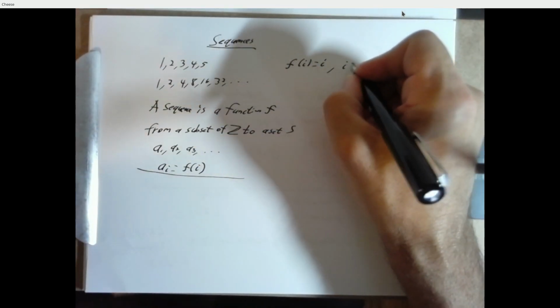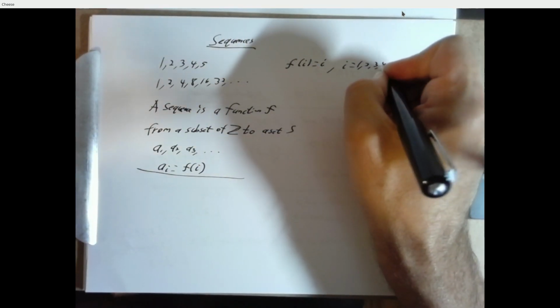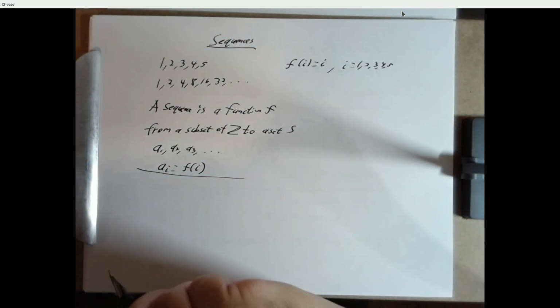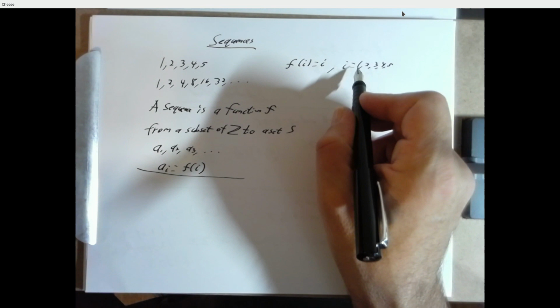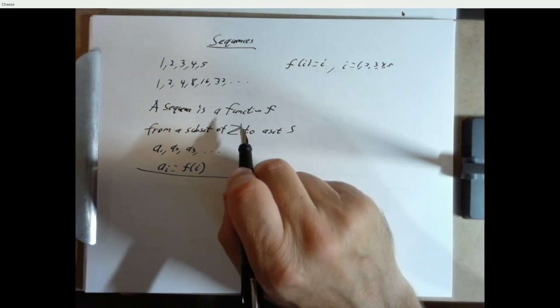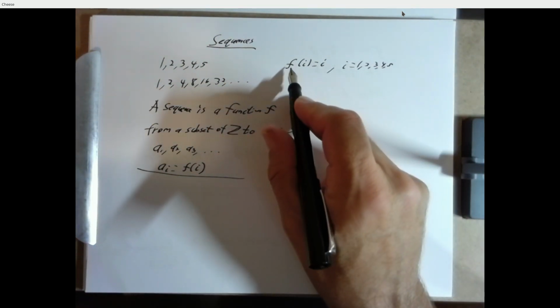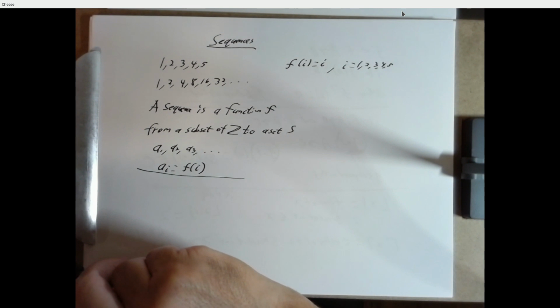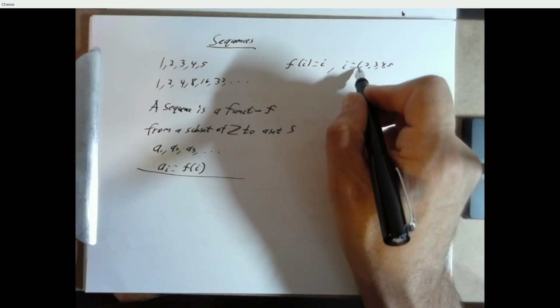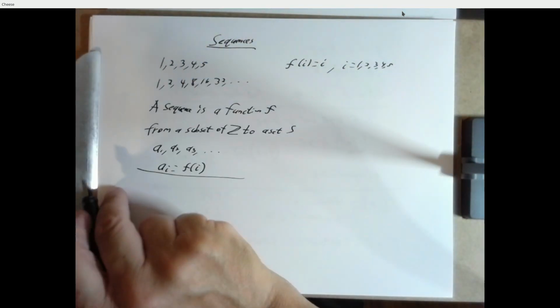And we can specify i equals 1, 2, 3, 4, or 5. So this subset of Z, the set containing just these 5 integers, is the domain of f, and f maps from there into the set S, which for us is just the set of integers. And it basically takes the number i and maps it to i, so this is our sequence.